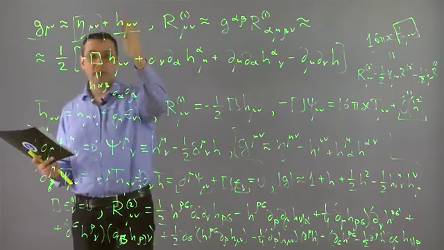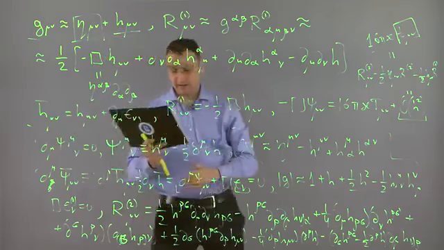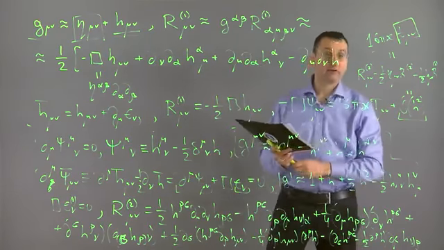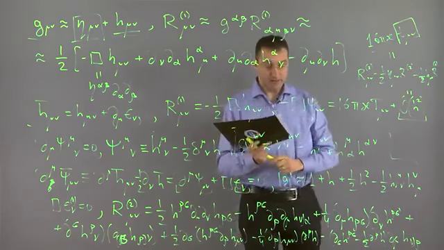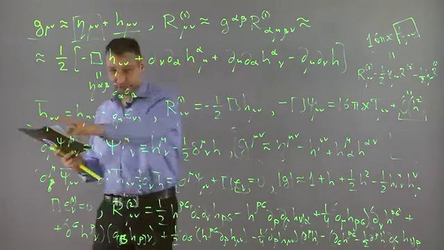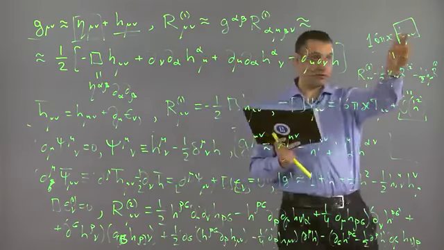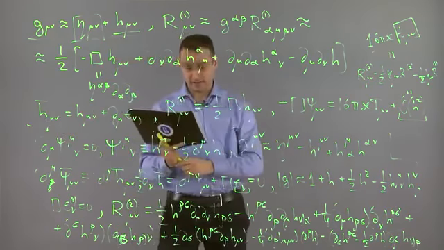Then we have to separate again what is background and what is perturbations. This separation is ambiguous, and that's the reason this quantity doesn't have tensorial properties. And finally, one can see that this quantity transforms as a tensor under such linearized transformations.